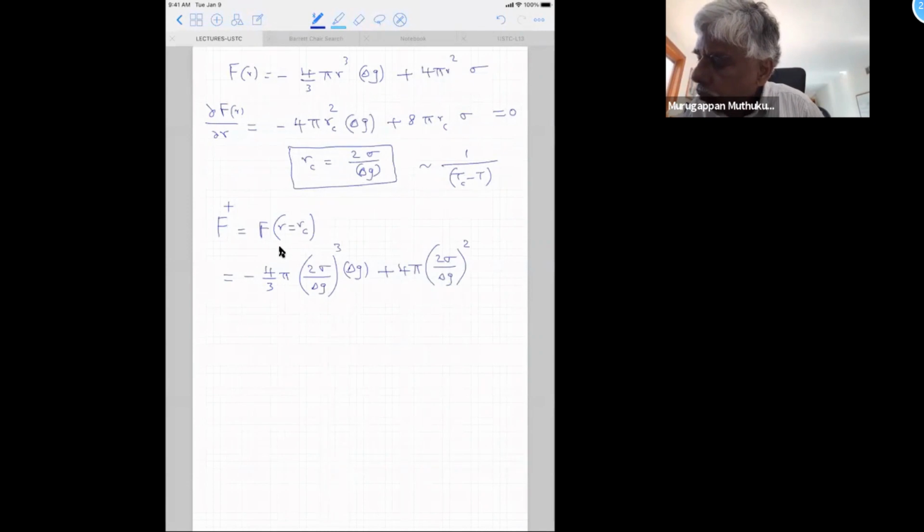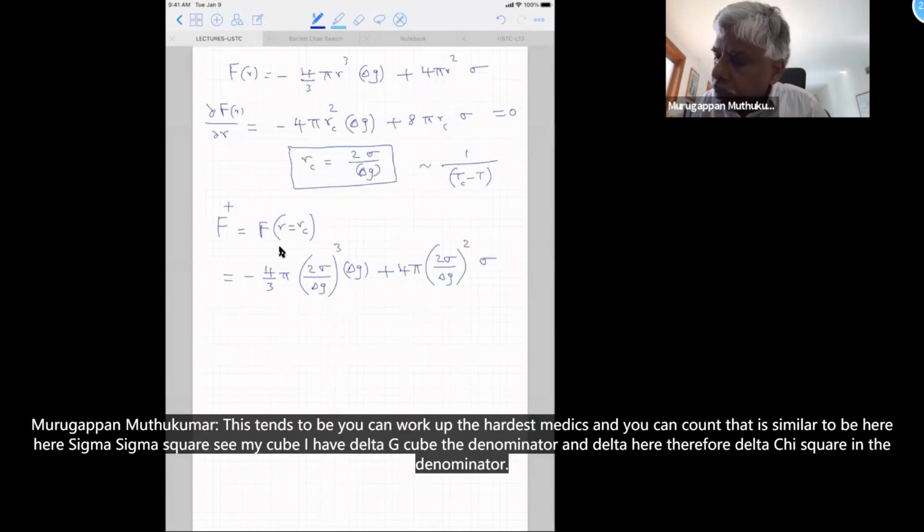This turns out to be, you can work out the arithmetic and count. There is sigma cubed here, here sigma cubed, sigma squared, sigma cubed. I have delta G cubed in the denominator and delta G here, therefore delta G squared in the denominator.